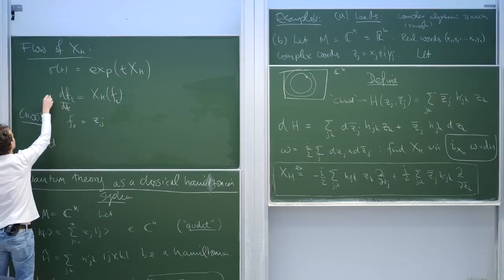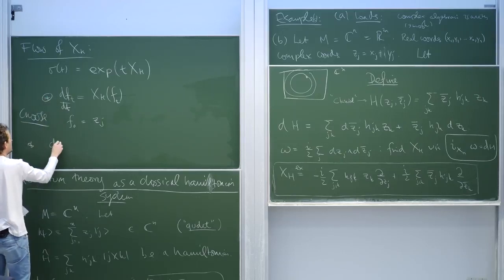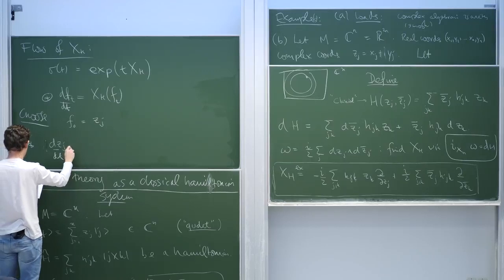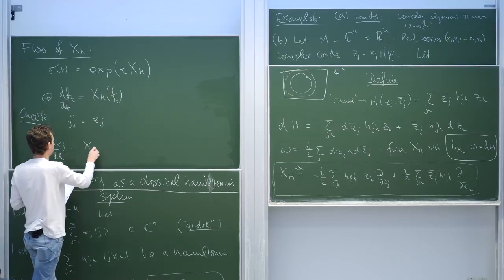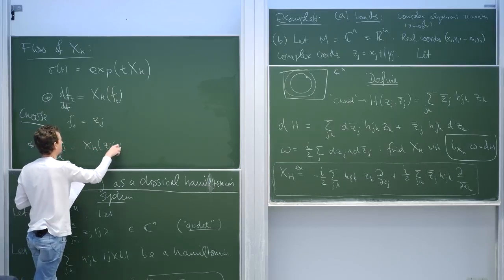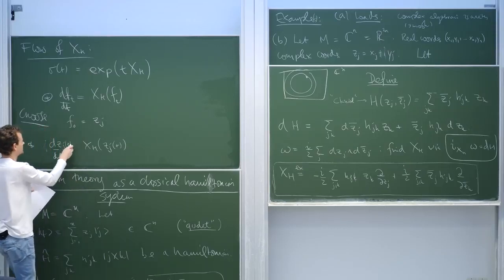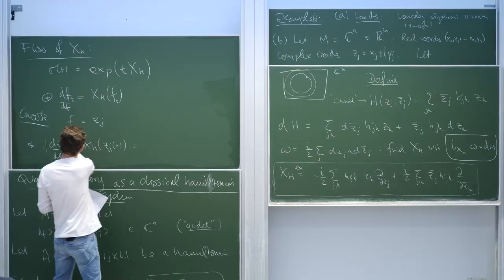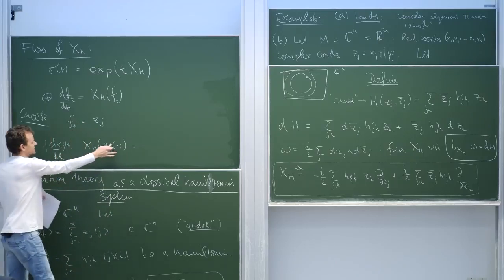Then this equation here, what does it tell us? That the change in the coordinate at some time t is x of h applied to that.